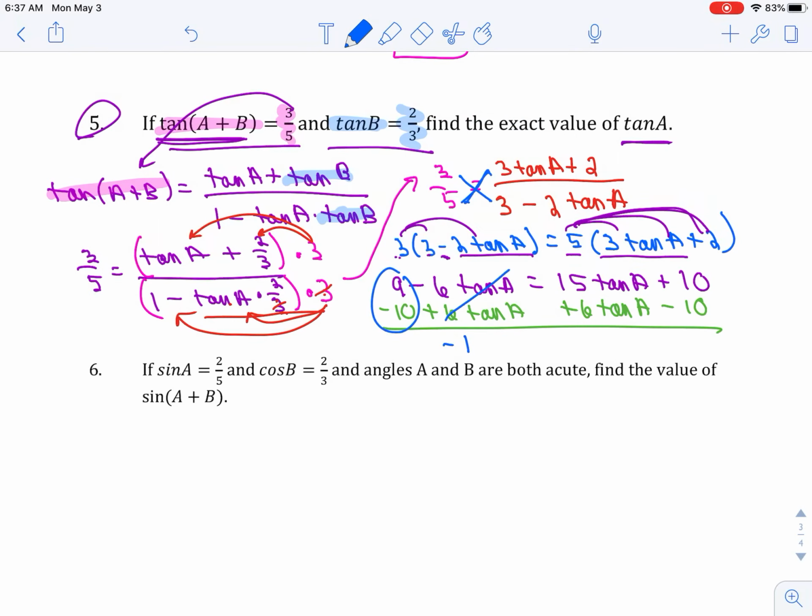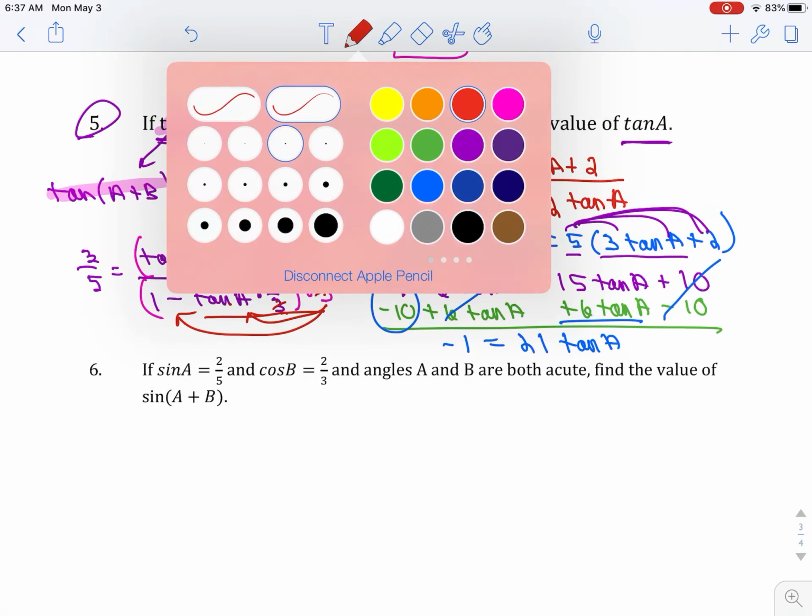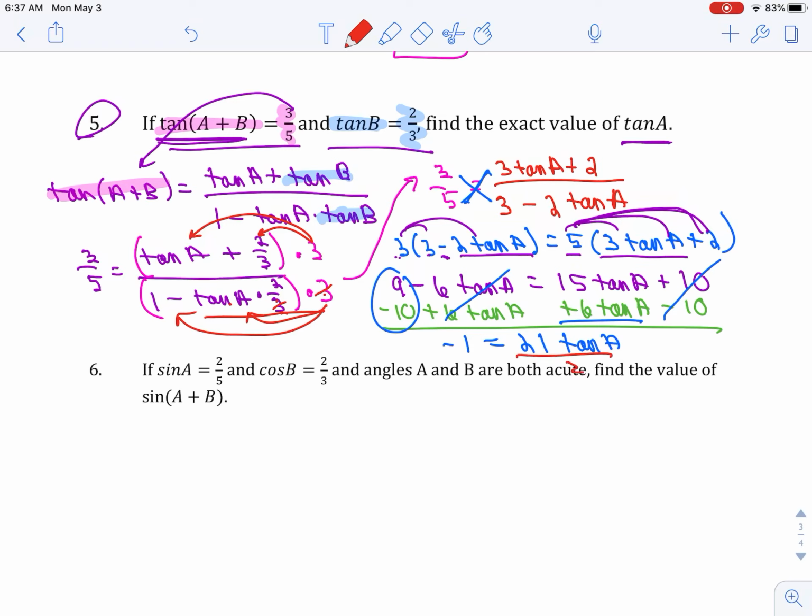So -1, these add up to 0, is equal to, these two add up to 21 tan a. These add up to 0. And then the last step, remember I'm solving for tan a, so if I just divide both sides by 21, then that's going to lead me to that the tangent of a is equal to -1 over 21. And that's what we're asked to find.